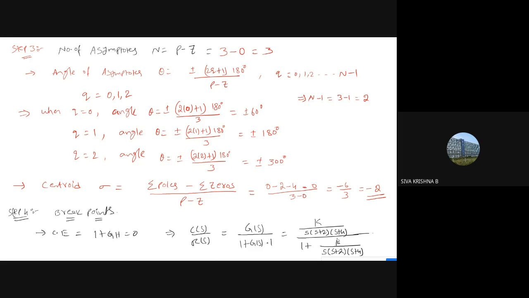So in the next step, find out the characteristic equation. Completed? C of s by R of s equals, after doing those denominators and LCMs, all those things.